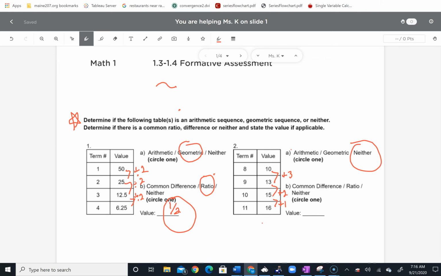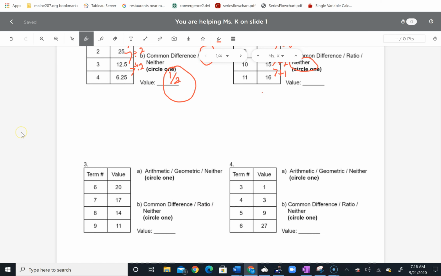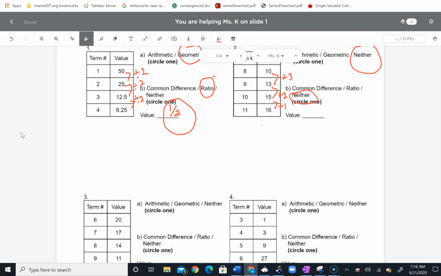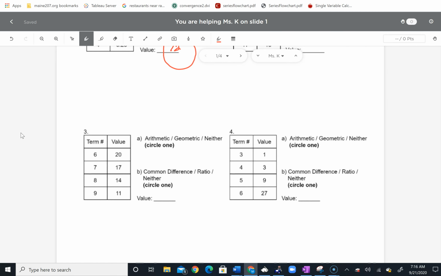Arithmetic means that you are adding the same number each time. And we're not adding a 3 or any other number each time. That means that we don't have either an arithmetic or a geometric sequence. That also means we do not have a common difference or a common ratio. There is no value to put in.